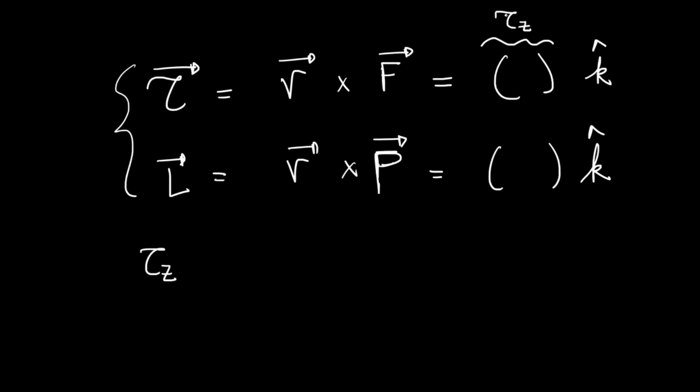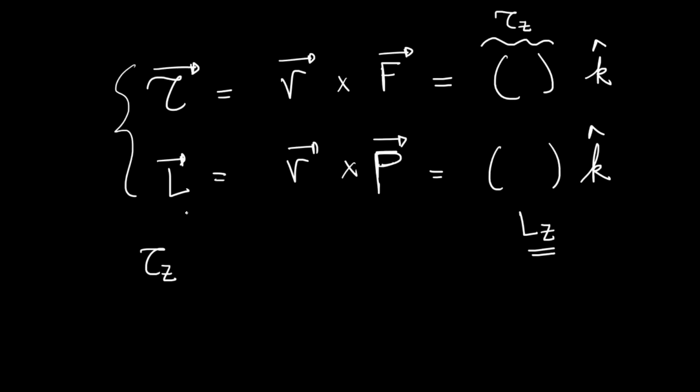And mind you, I'm not putting an arrow because it's a number, and this is called Lz. So this is a confusing part, because we are doing a specific 2D problem. The torque as a vector will always be in the direction of k direction.